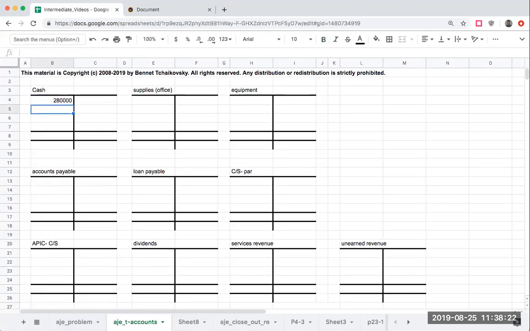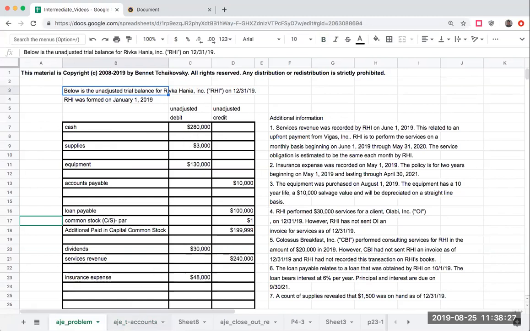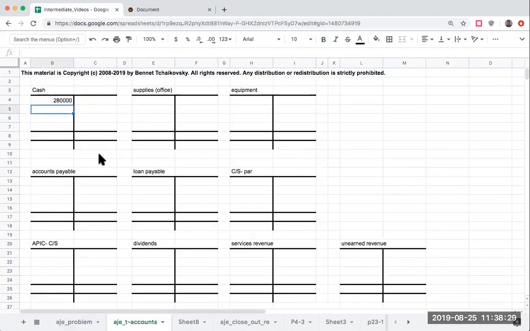Here the cash was 280,000 debit. So all I'm doing is putting cash as a 280,000 debit. My office supplies were $3,000. My equipment was $130,000. My accounts payable was a $10,000 credit.